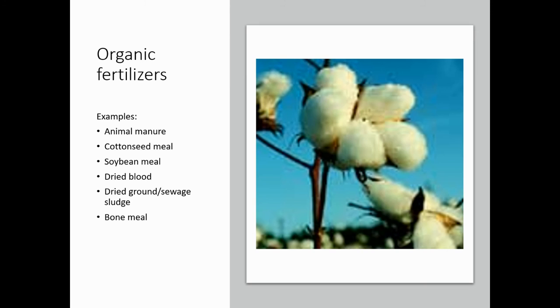Dried blood, so slaughterhouses, right, will catch and keep that blood and then use that, and you'll buy something that's called blood meal. Ground sewage sludge. So, the solids that are in the sewer system get collected and they get turned into something called biosolids, and then they can actually be used as fertilizers.